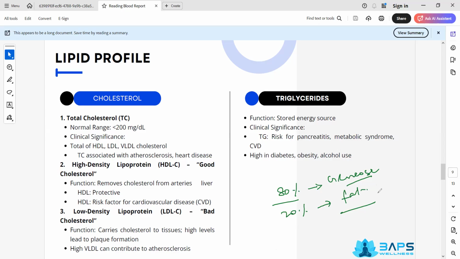So if you feel that I am taking oily food, more ghee, oil, so I'll be prone to excess cholesterol, no. If you are diabetic, definitely you will be having more cholesterol because glucose is the culprit.